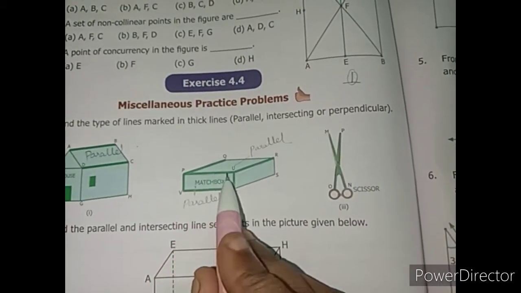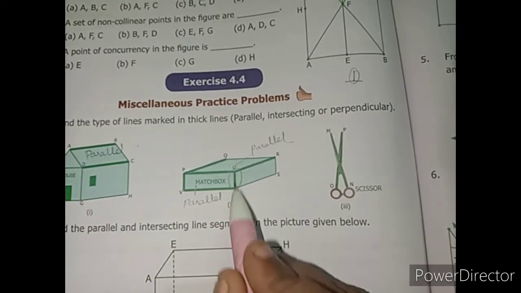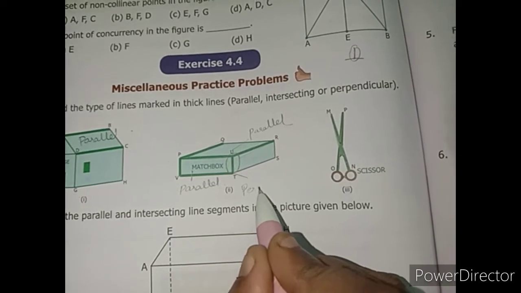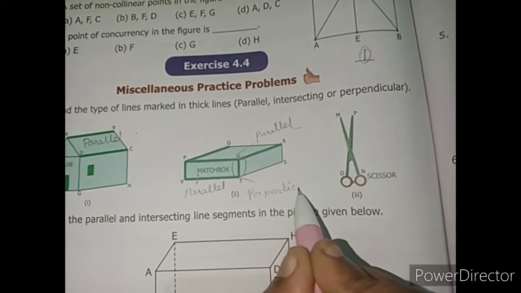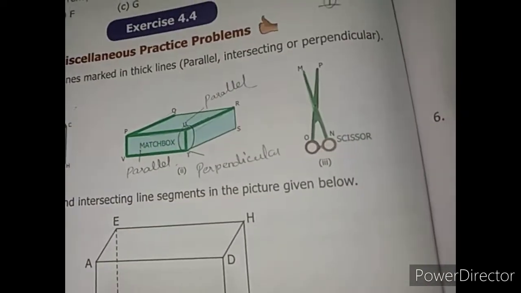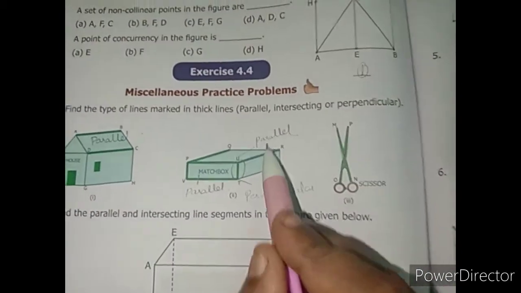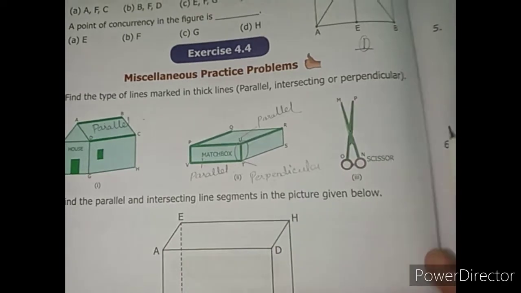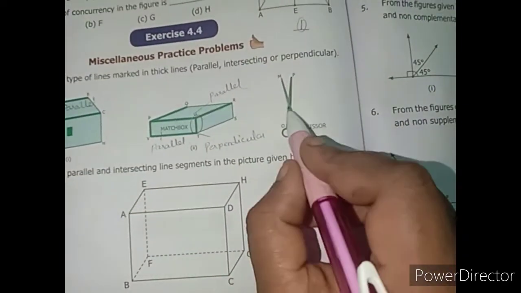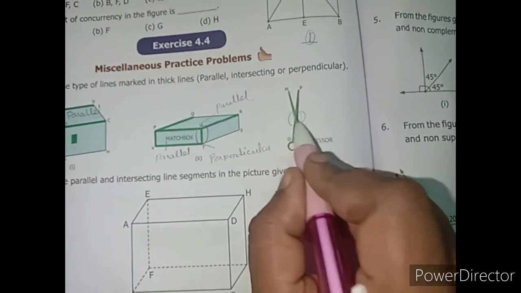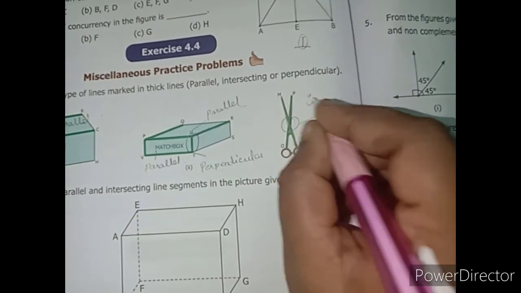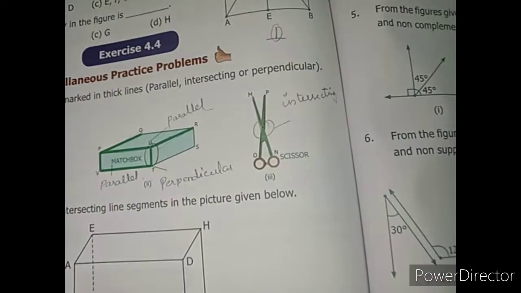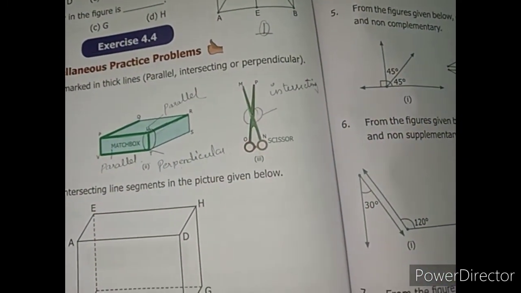See here, 2 lines, one line is crossing here. So it is a perpendicular line. So here we have 2 types of parallel lines and the other one is a perpendicular line. You would have found this. The 2 lines' meeting point is called intersecting. So this is called an intersecting line.